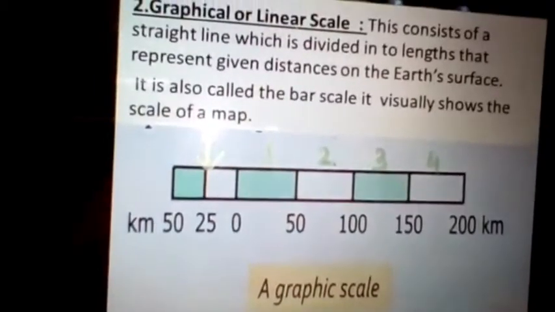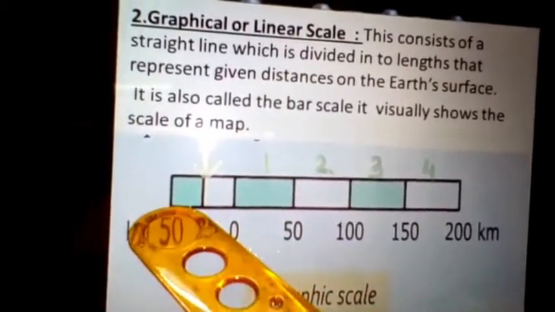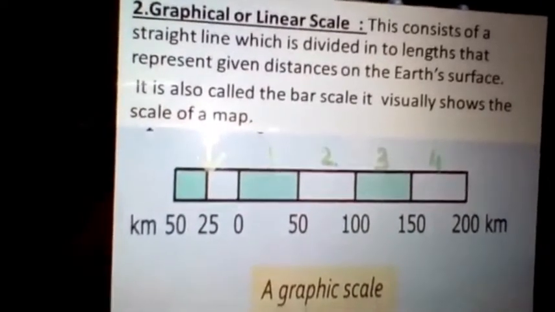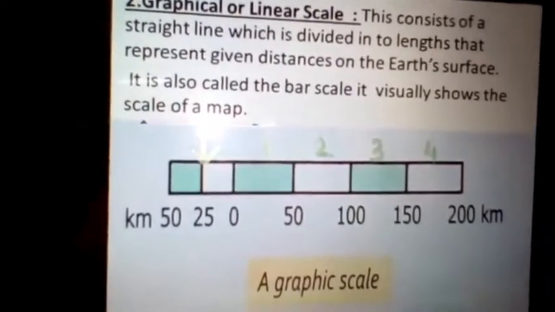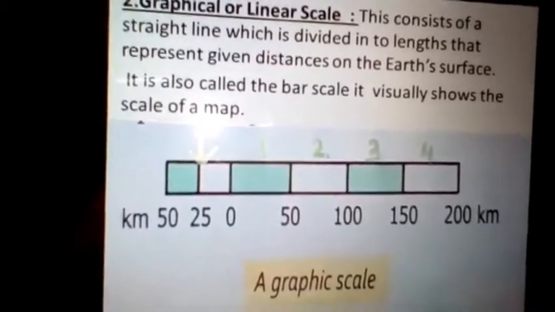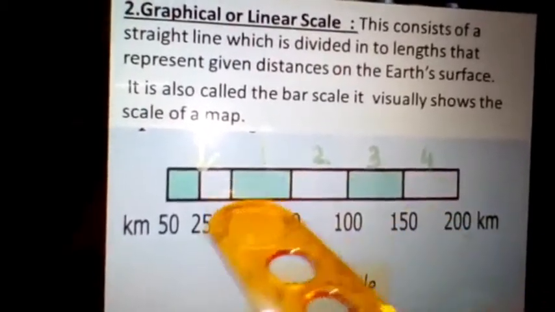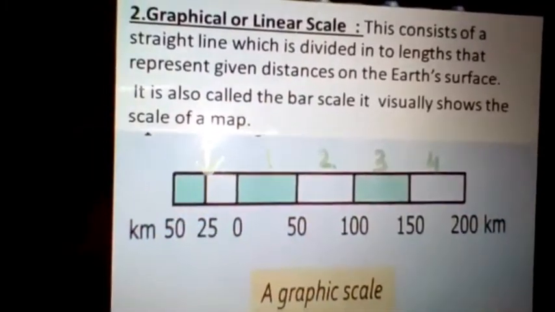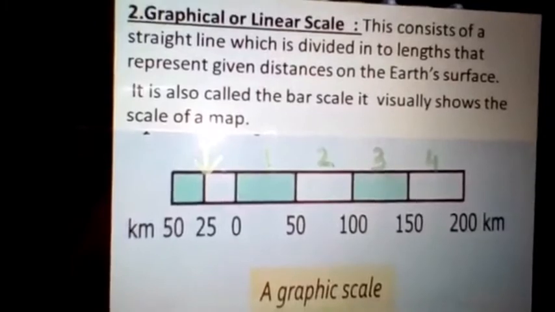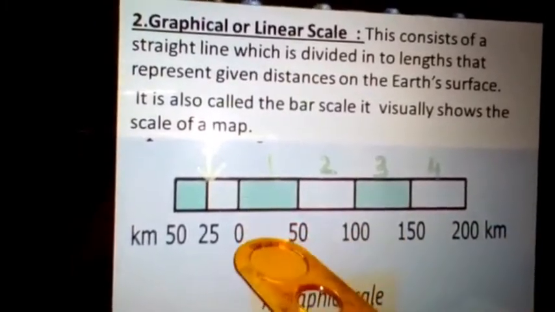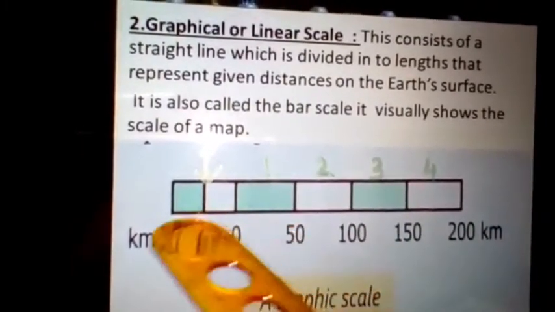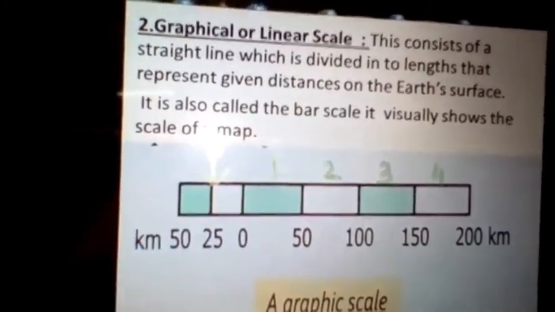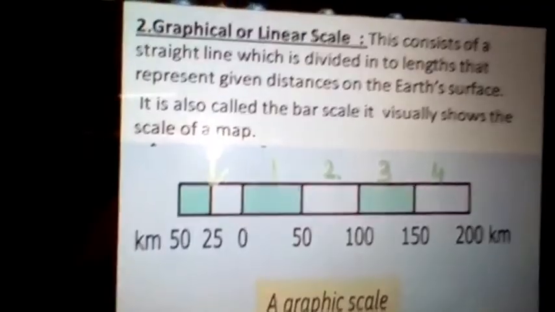And at the extreme left hand, one part of 1 centimeter has been subdivided into two parts, that is 5 mm each, because you can see this one is 1 centimeter and this one is equally divided into two halves, so it becomes two divisions of 5 mm. So if 1 centimeter represented 50 kilometers, each of these subdivisions will represent 25 kilometers.